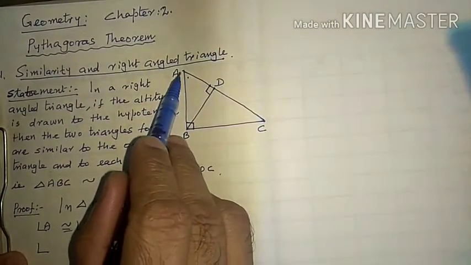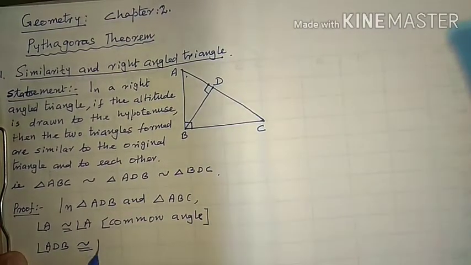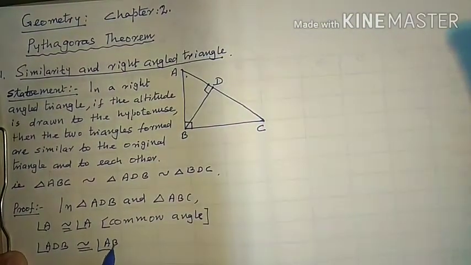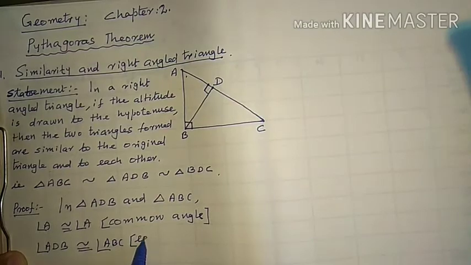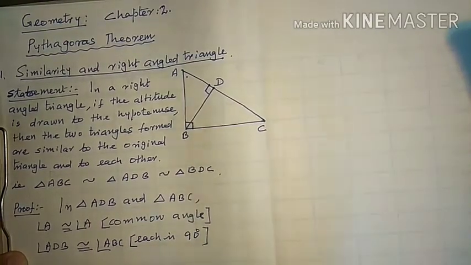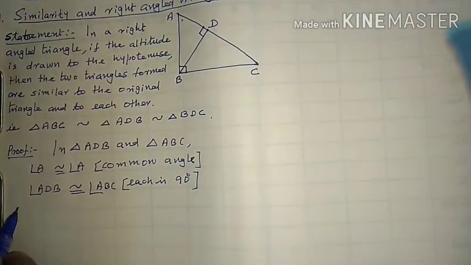Now, the second angle, angle ADB, is congruent to angle ABC. What is the reason? Each is a right angle, 90 degrees. Therefore, what happens?